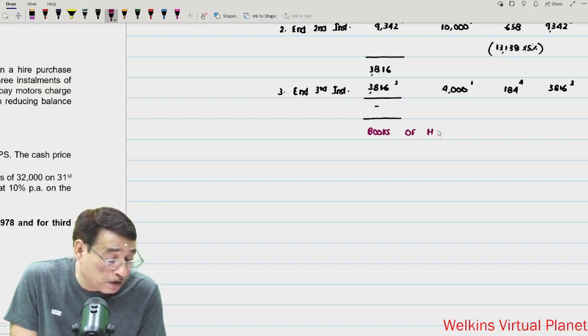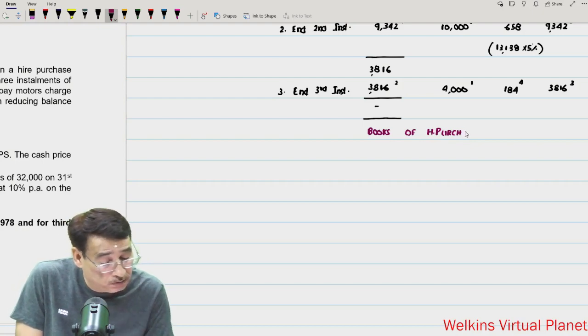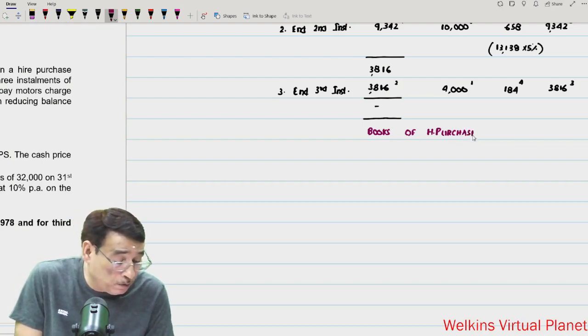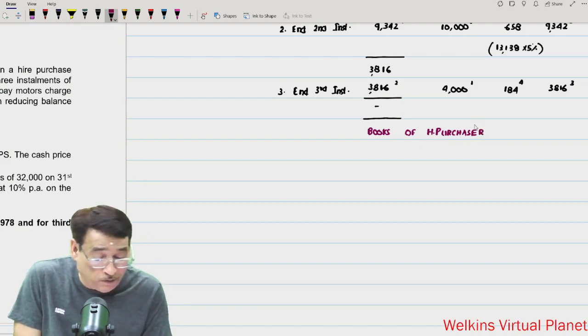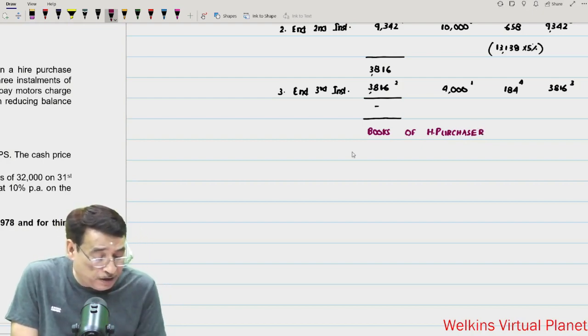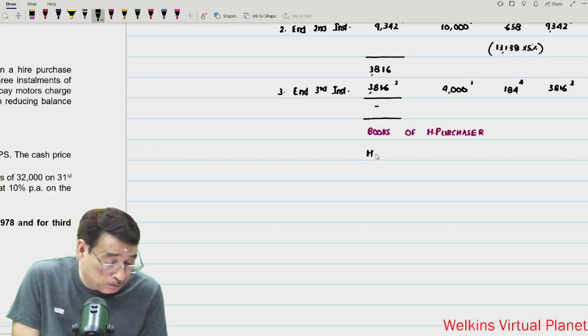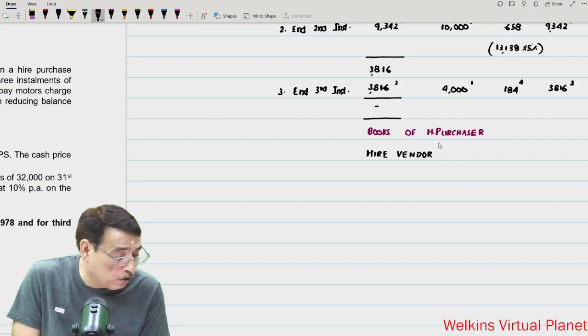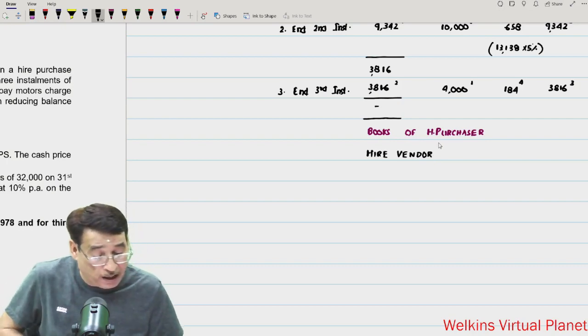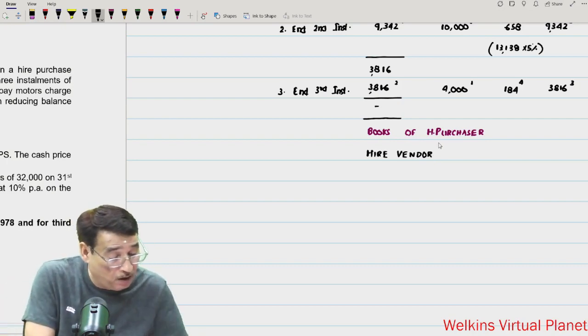In the books of hire purchaser, we will prepare hire vendor account. And besides that, we will also prepare asset account as we prepared in the last session.